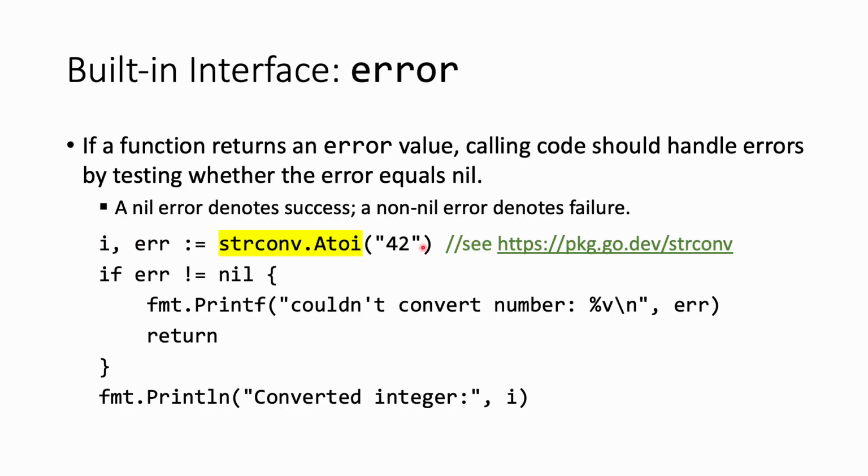But sometimes the string cannot be converted to an int value, so it also returns an error. So when we call this function, we always have to check if the returned error is non-nil or not. If it's not nil, then it cannot convert the given string into the int value.